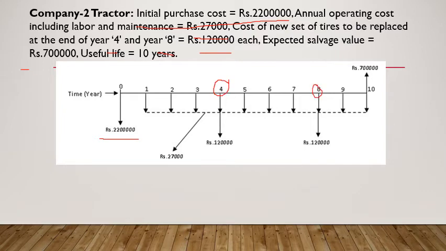Salvage value of 7 lakh. Salvage value obviously occurs at the end, t is equal to 10. And since it is an income for me, I will show it as positive flow. All other things, whether it is the cost of the tire or the labor cost or the operating cost or the initial purchase cost, they are all costs, so indicate them as negative flow. The cash flow diagram is ready.